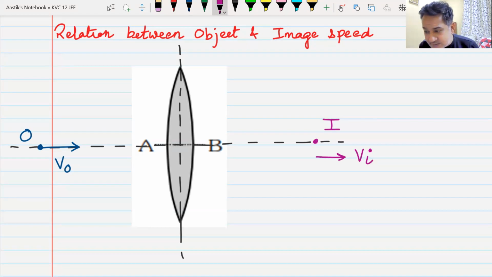Can you tell me the relation between VO and VI when it is moving along the principal axis?